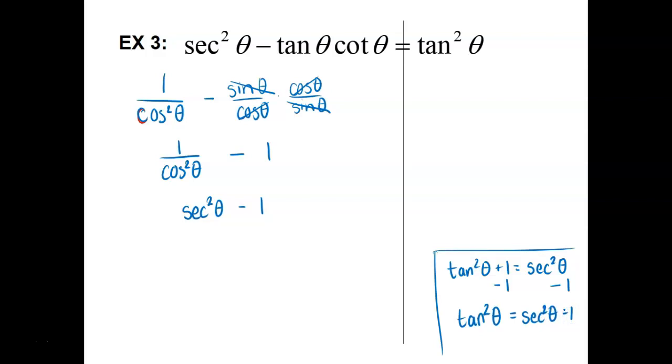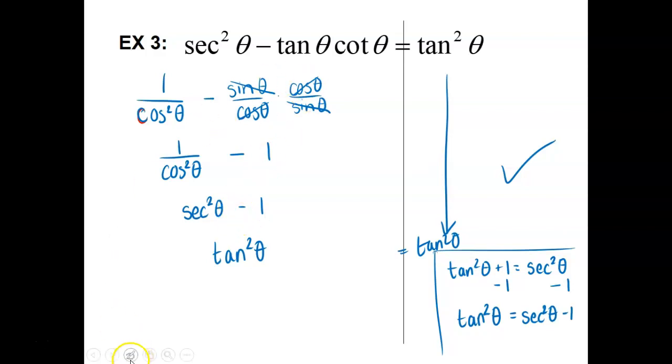Kind of like we did with that 1 minus sine squared theta, or the 1 minus cosine squared theta. So this stuff right here equals tangent squared theta, which is what we had on the other side, so we know we did this right. Okay, so that would work.